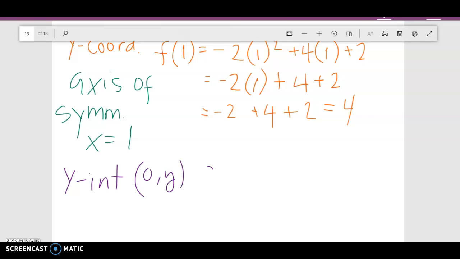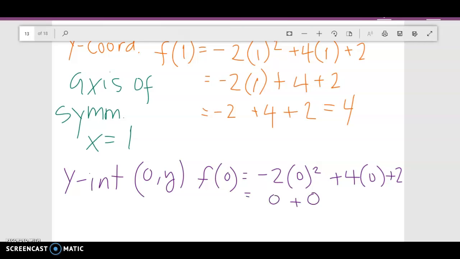So I'm going to evaluate the function when x is 0. I get negative 2 times 0 squared plus 4 times 0 plus 2, so 0 plus 0 plus 2. The y-intercept is 2, so it's the point 0, 2. That's another important piece of information.